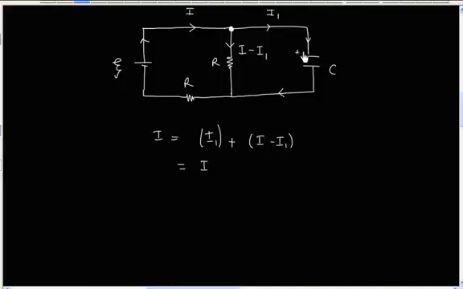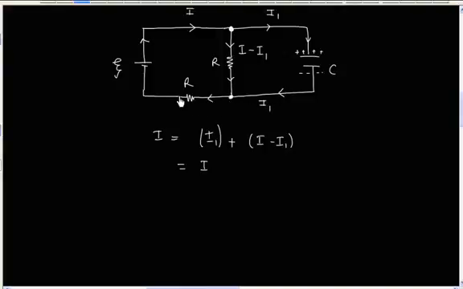Now this part will have a positive charge and this part will have a negative charge, because this is the direction of positive charge. So this plate of the capacitor will have a positive charge and this plate will have a negative charge. When current reaches here, from this side we have I minus I1, from this side we have I1.